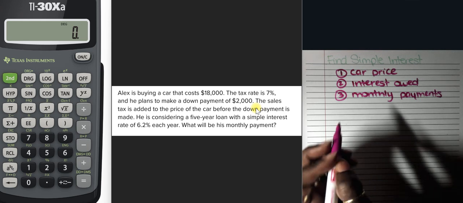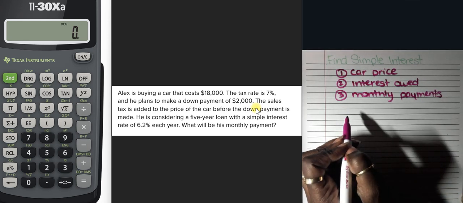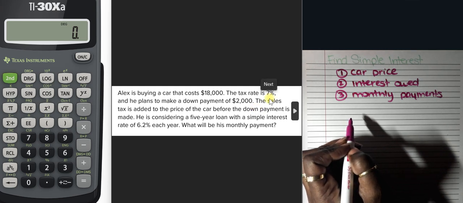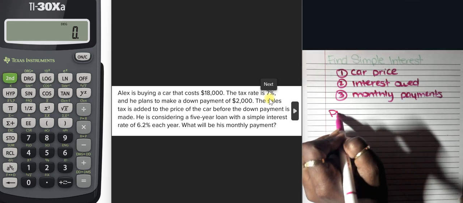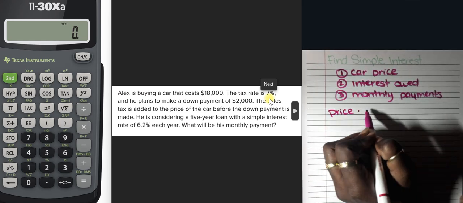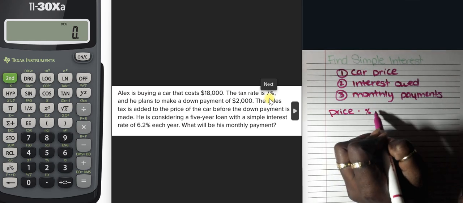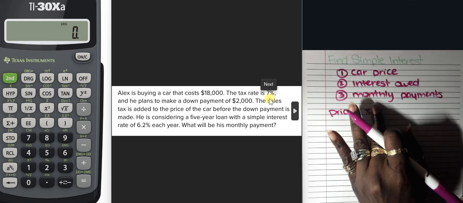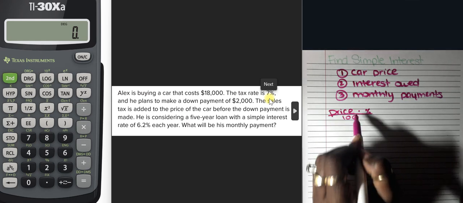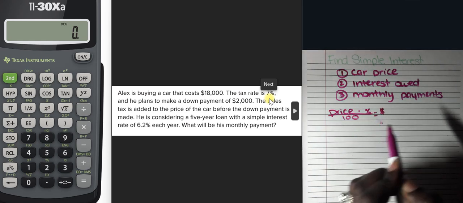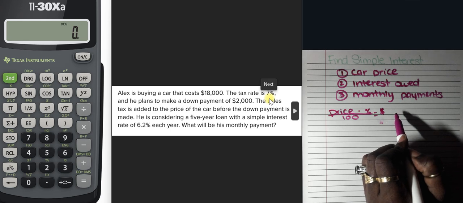All right, so we've got our methods to figure out the dollar amount for the percent in regards to the tax rate. Remember, I taught you the method where we use our price times the percent amount, which is in percent form, and then you divide that by 100. It will give you the dollar amount of the fee, tax, or whatever that may be.